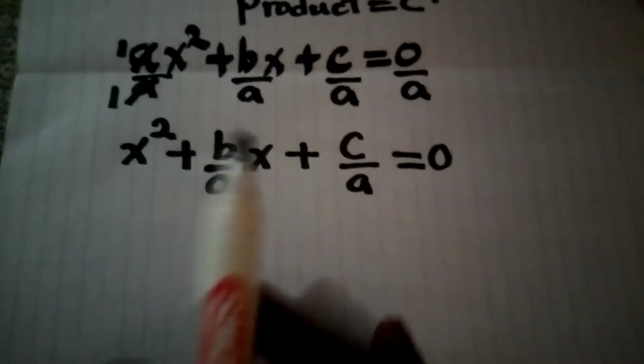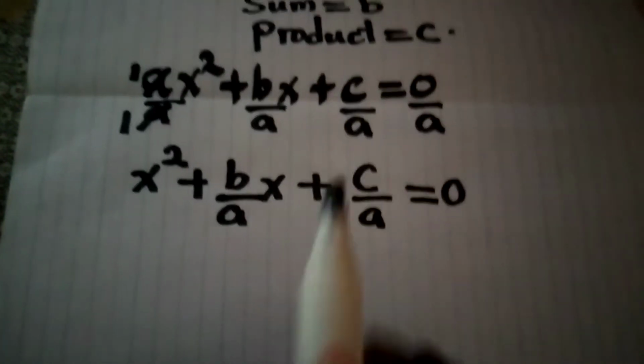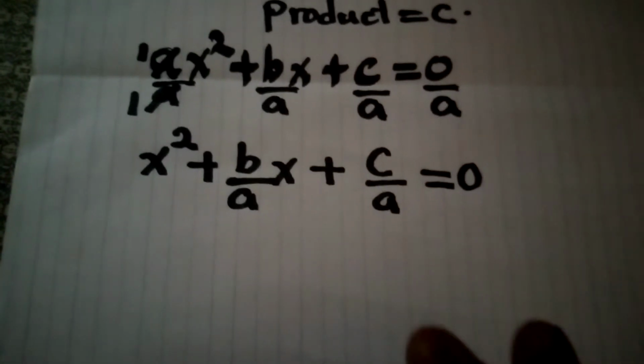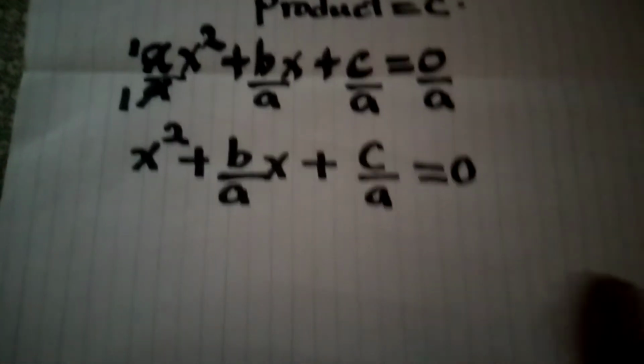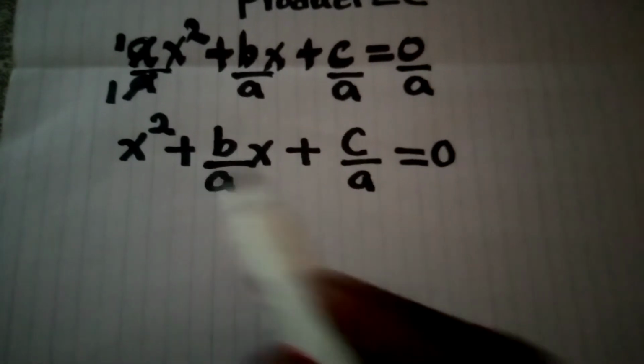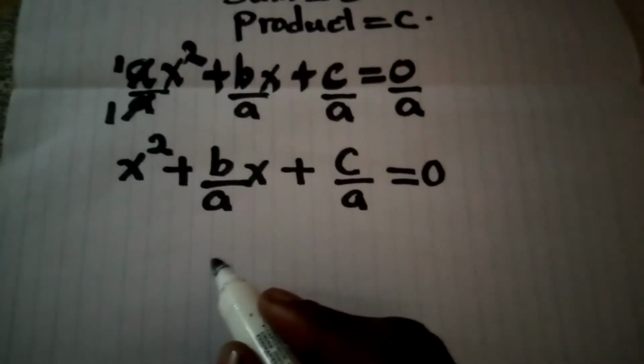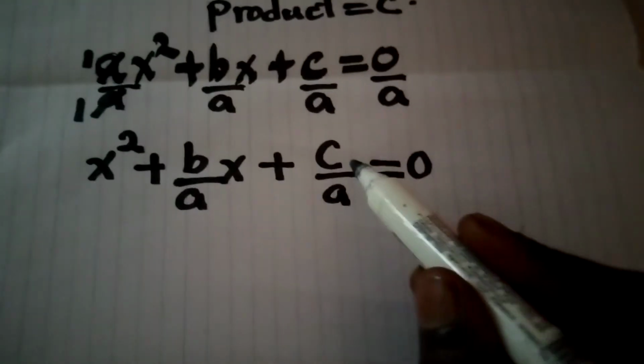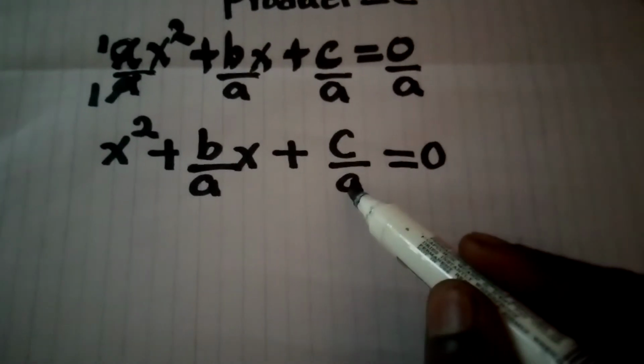But if the coefficient of x squared is already 1, don't disturb your equation by dividing again. You leave it the way it is, then you just start solving. From our equation, the new sum is b out of a, then the new product is c out of a.